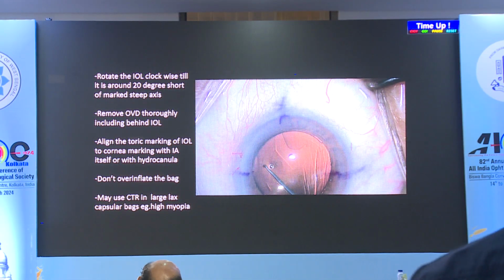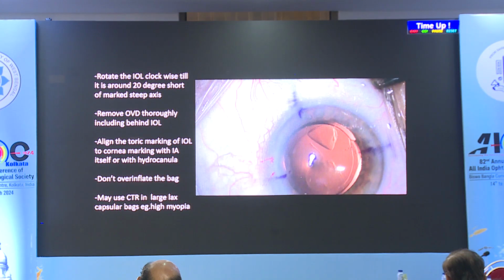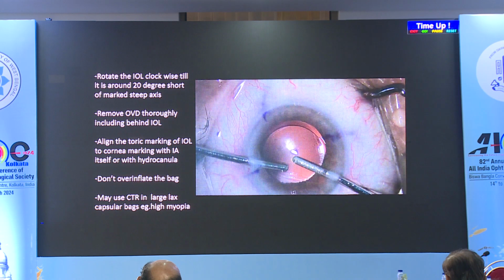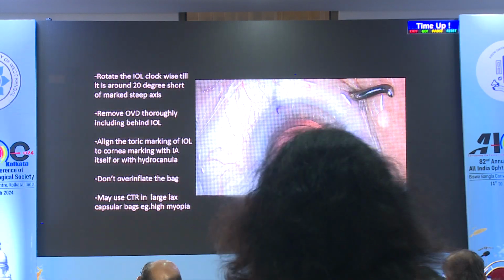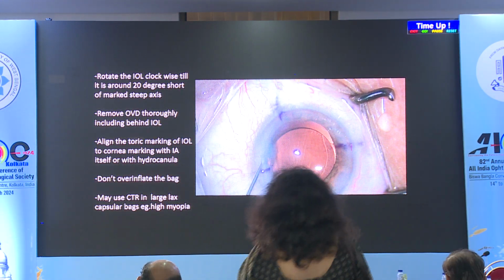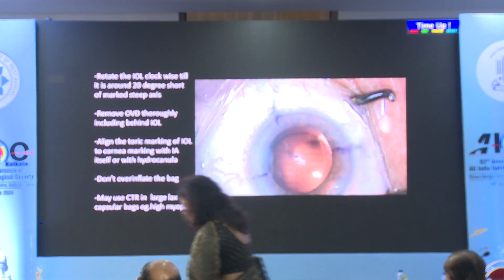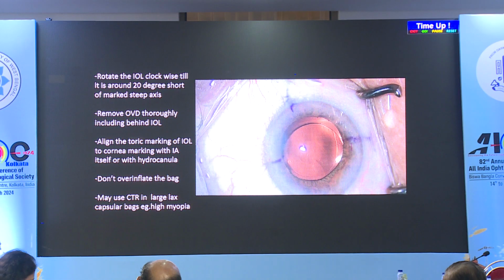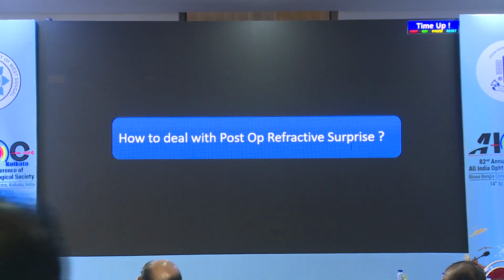So here you see that the axis is probably around 180, and I've left it at 160, 170. And when you're doing your IA, once you finish that, with just the IA cannula or the hydro cannula, you can match the toric IOL and the corneal marking. In very large eyes, myopic eyes, you can put a CTR to avoid the rotation of the IOL.